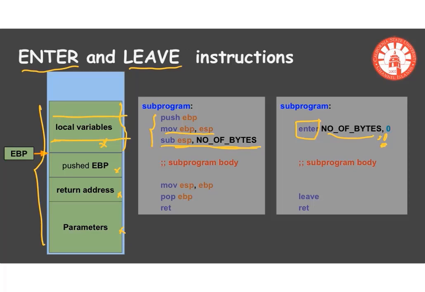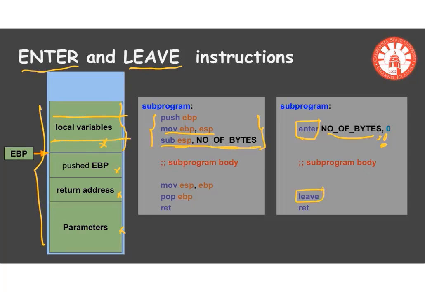We are not going to talk about different forms of the enter command, but if you don't have a nested function, the value of the second argument in enter has to be 0. Then this is the enter that can replace all these three instructions for us.